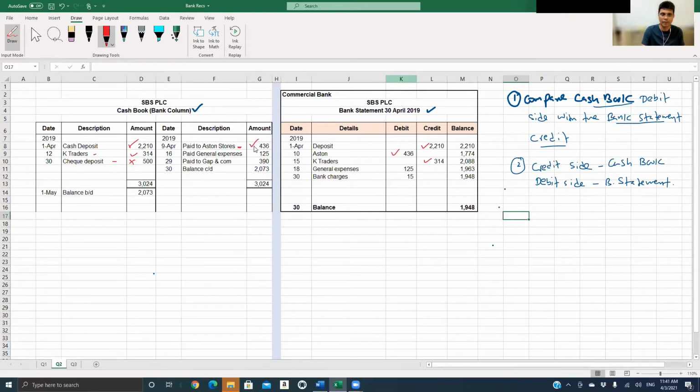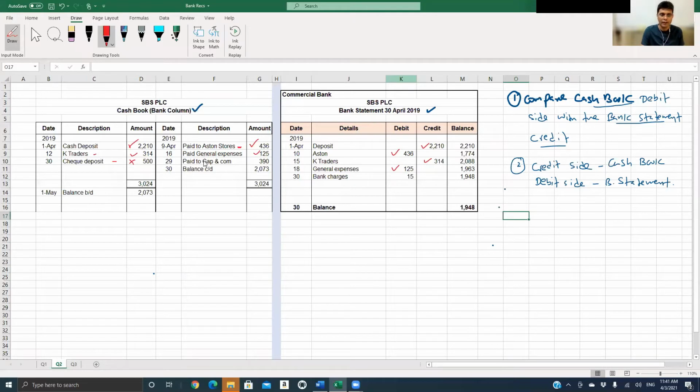There's no difference. Paid general expenses 125. Has it been presented to the bank? We have credited here. Has it been debited? Yes. The check was presented and the supplier has encashed the check.